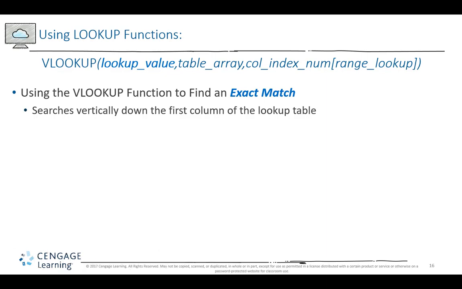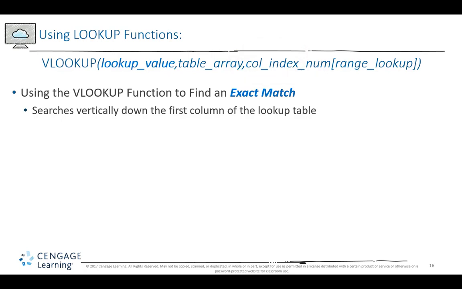Here is the syntax for a VLOOKUP. The first value inside the parentheses is the actual lookup value we are trying to match with. The next input is the name of the table array. The third input is the column that we should pull the value from if we find the match.